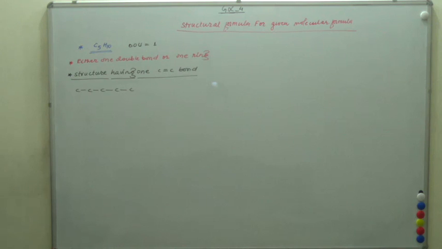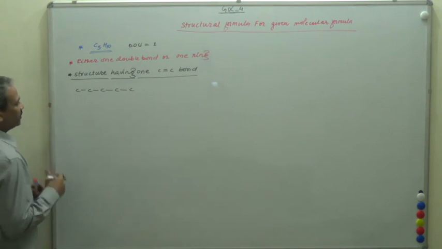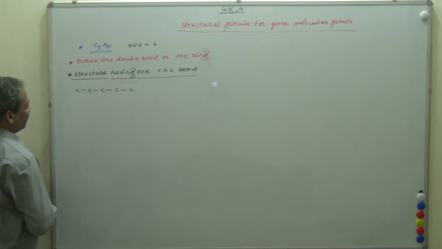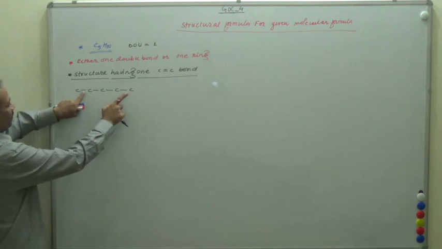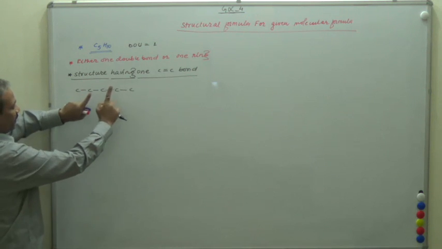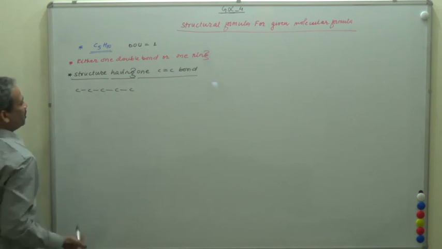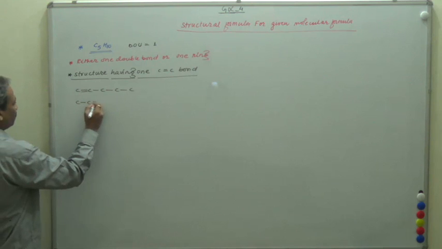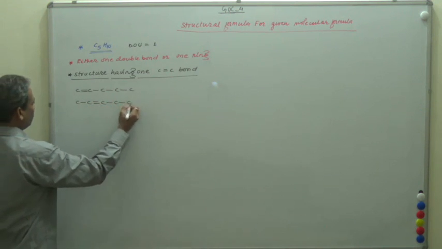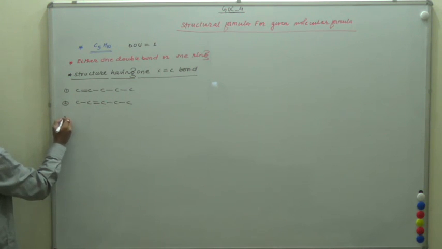Here there are 5 carbon atoms, so the longest possible chain is of 5 carbon atoms. And now we have to place a double bond in this chain. So that double bond can be placed either on any one of these two positions or on any one of these two positions. So if I am placing the double bond here or here, so this is the first one and this is the second one.